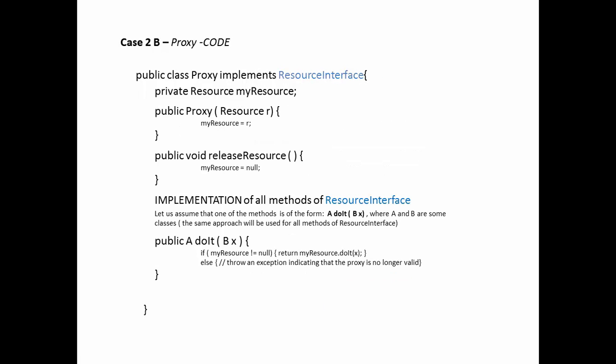So now, how this is going to work on the proxy side. The proxy side, remember, holds a reference to the resource. And when I make a proxy, I pass a resource, and the proxy basically records the reference to that resource right here. When I call a release resource, I do my resource take equal null.